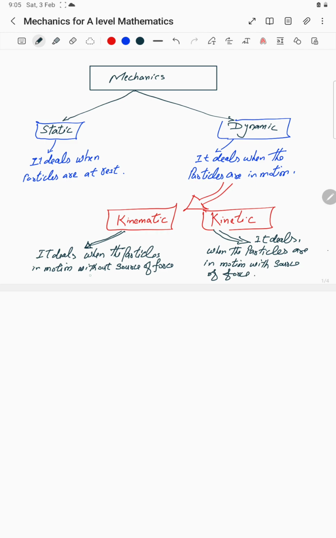So the main difference here: without a source of force, that deals with kinematics, and with a source of force, we can say that deals with kinetics.